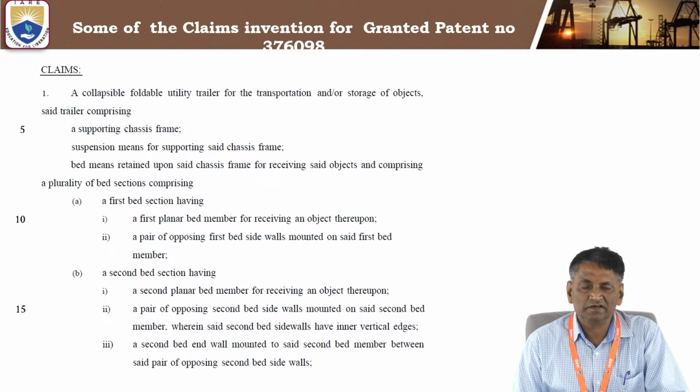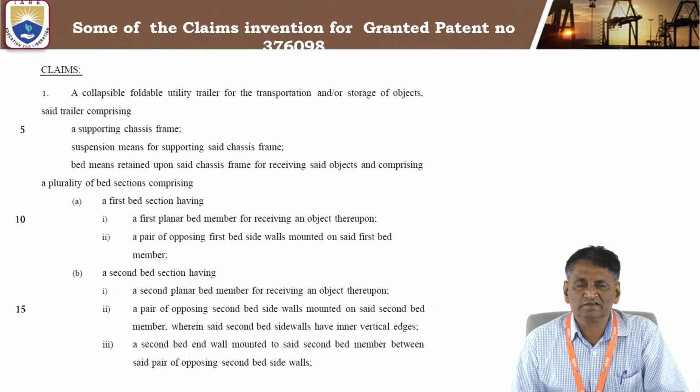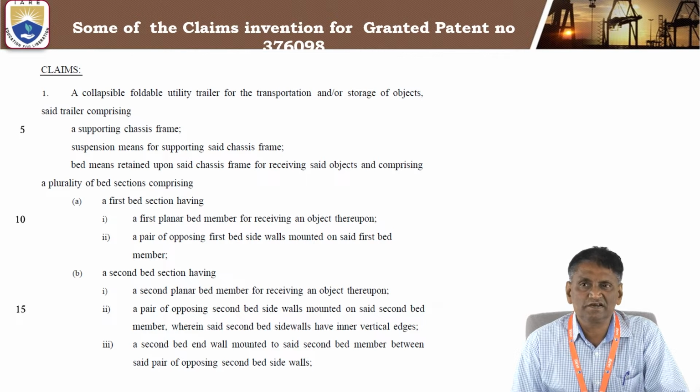Claims can be of two types: dependent claims or independent claims. The first claim is normally an independent claim, and the later ones can be further claims on variants of the first claim. There can be a few dependent claims on the first claim, which is an independent claim.